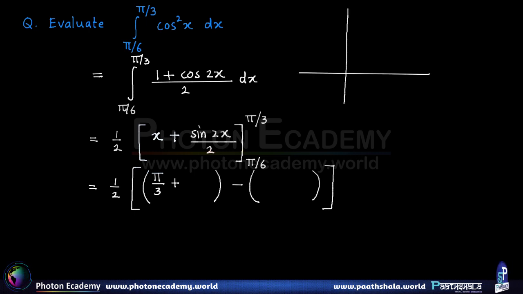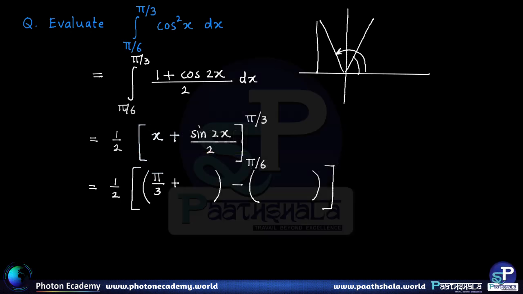So just to recollect, how do we calculate this? This is pi by 3, and 2 pi by 3 will be 180 degrees minus pi by 3. So the sine of 2 pi by 3 is the same as sine of pi by 3, which is root 3 by 2. So here we have root 3 by 2 divided by 2, that is root 3 by 4.